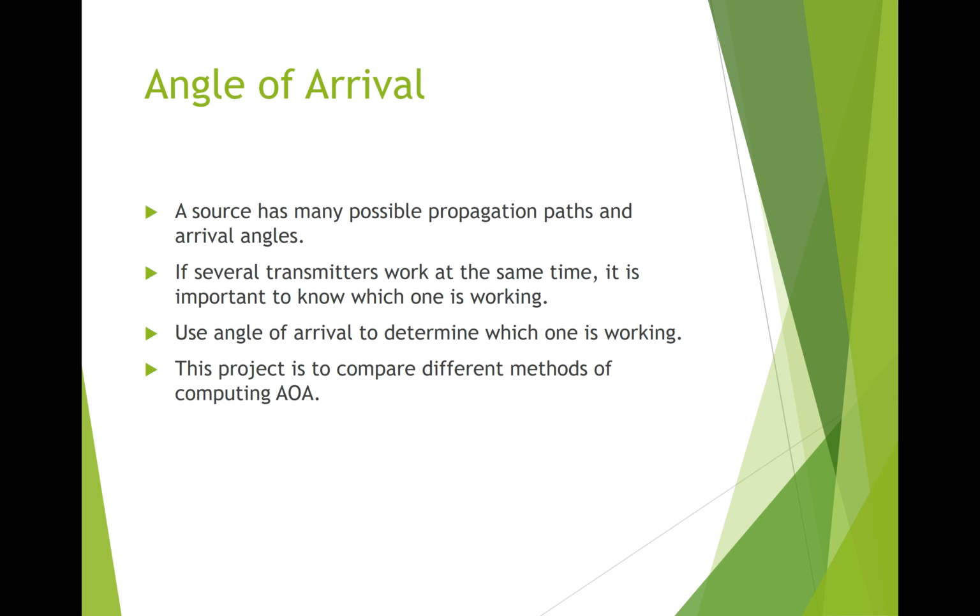These transmitters may work at the same time. So it is important to know which one is working, and we can use the angle of arrival to determine which one is working. This project is to compare the different ways to compute the angle of arrival.